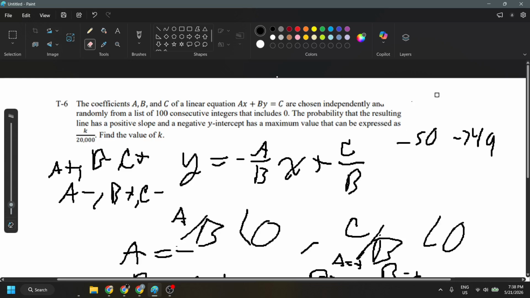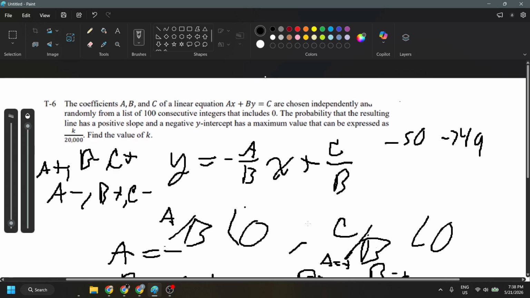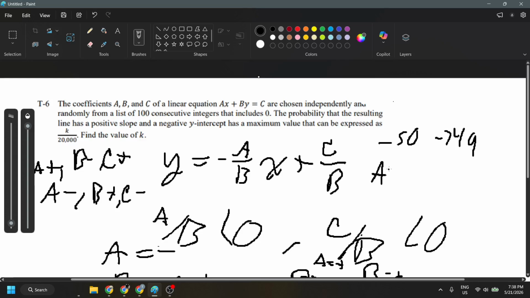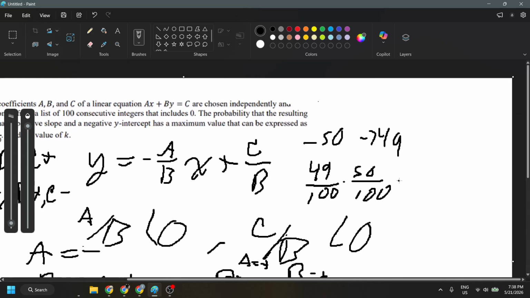Okay, so the probability, what needs to occur is that, let's say A is positive. Given that A is positive, which is a 49 out of 100 chance, times B is negative, which is a 50 out of 100 chance, times C is positive, which is a 49 out of 100 chance.